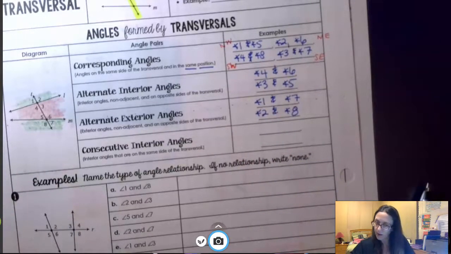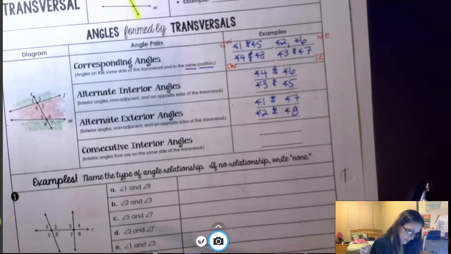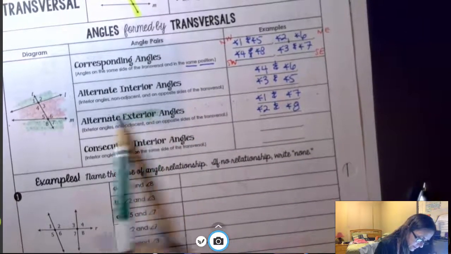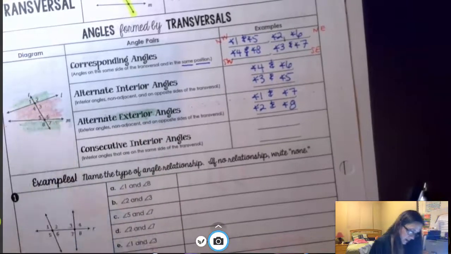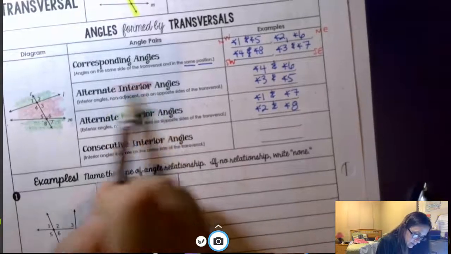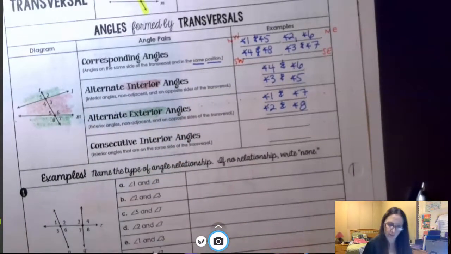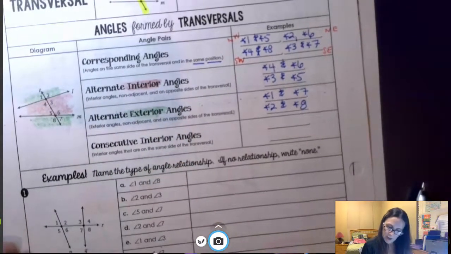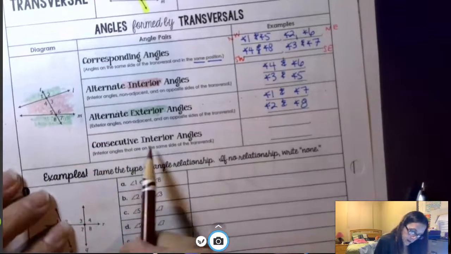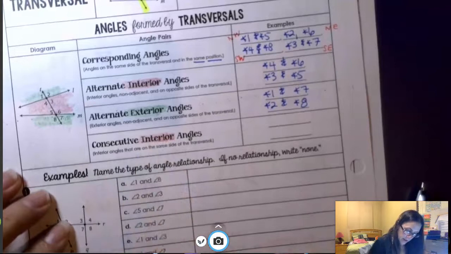Here I have the exterior angles in green. The interior angles were this brownish red. So if you're color coding, you can stick along with that. Now, consecutive interior. Again, I'm on the inside, but I want consecutive.